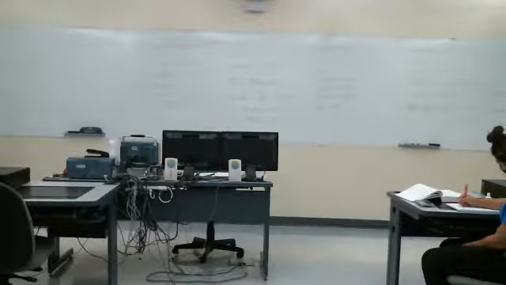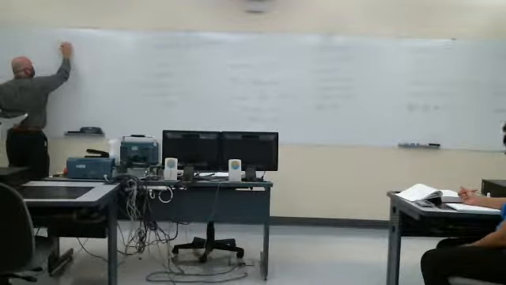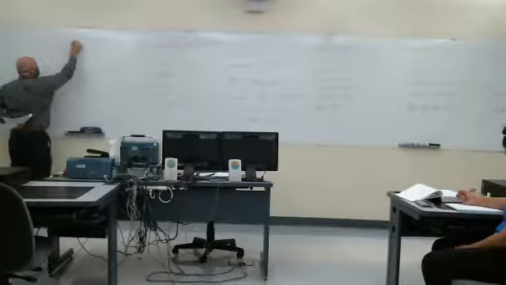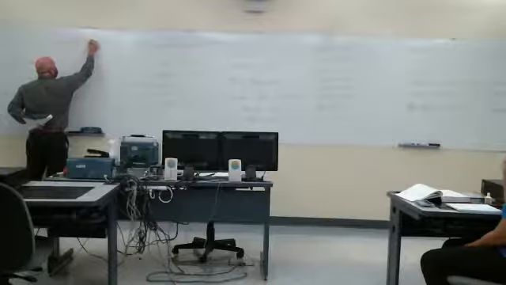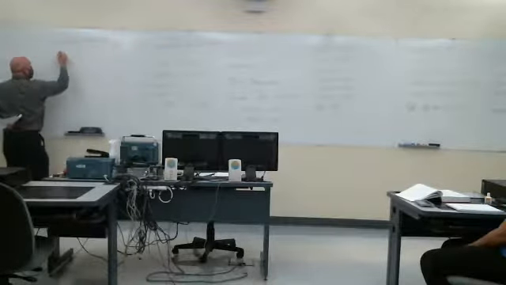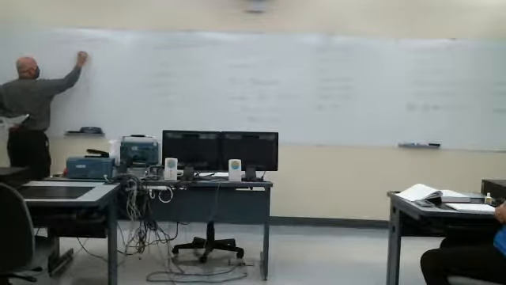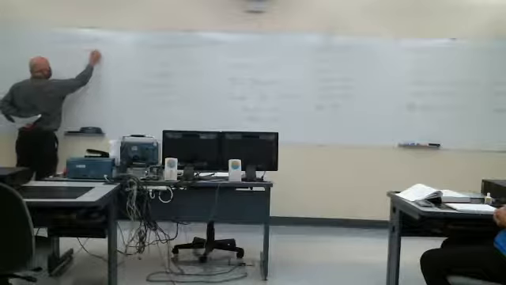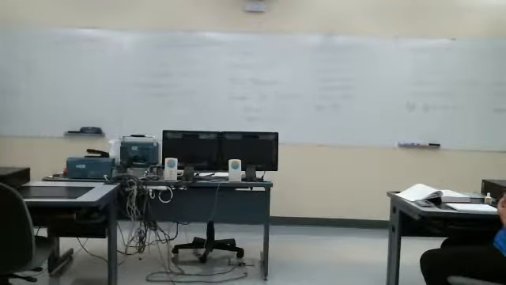If you remember, last time, or maybe it's the time before last, we had this multiplication property of the impulse. In particular, that's just a special case where the impulse is not delayed.